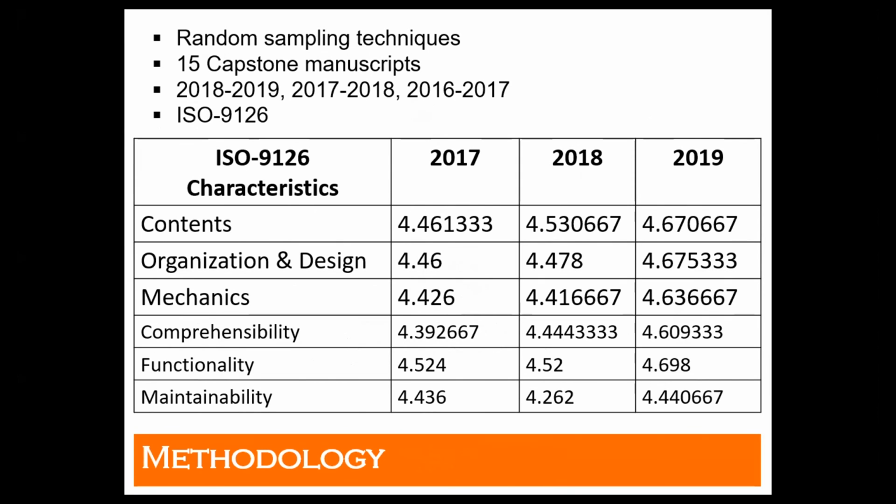So the table shows the core components of ISO 9126, and this element has been observed and recorded, with the general weighted mean shown against the row of the table. The characteristics of ISO 9126 are composed of the following: contents, organization and design, mechanics, comprehensibility, functionality, and maintainability.